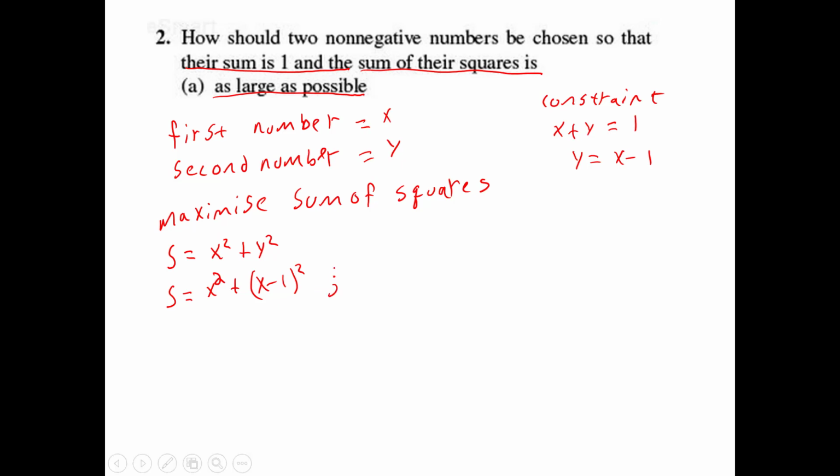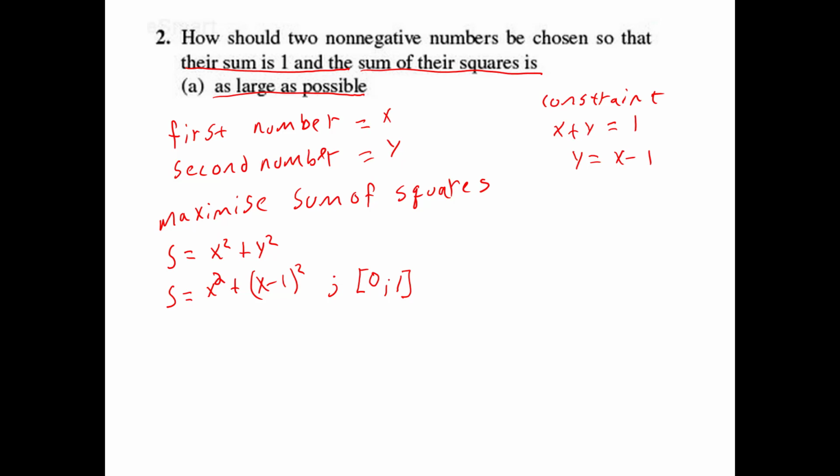And you should think about, well, what x's am I allowed to use? It says two non-negative numbers, so that means that for x, my smallest possible value is 0, because that's non-negative. And the biggest that x can be is 1, because once I have a number bigger than 1, there's no way for me to add it with another non-negative number and get 1.